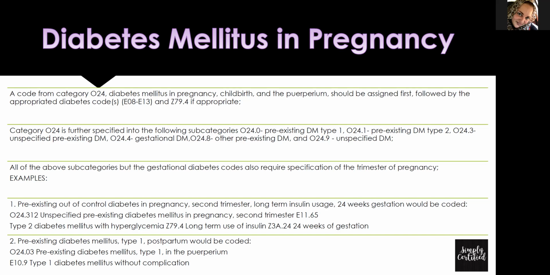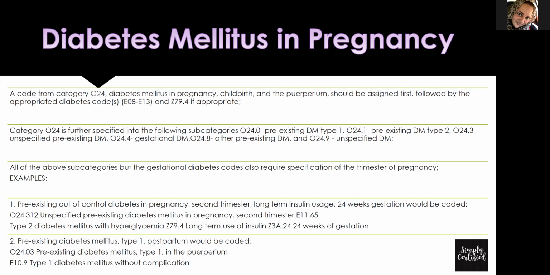E11.65 for type 2 diabetes with hyperglycemia. And the reason that we're coding the hyperglycemia is the words out of control. Uncontrolled and out of control, it's a complication of high blood sugar, so it defaults to hyperglycemia.